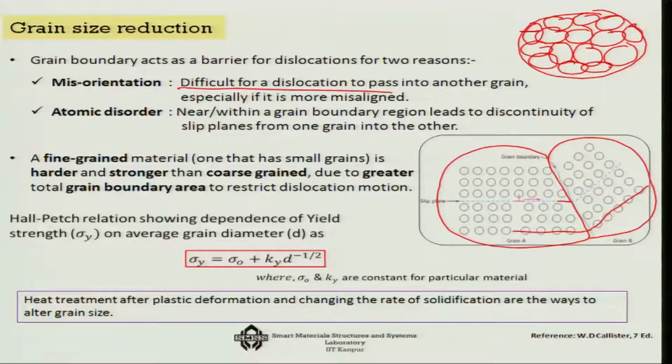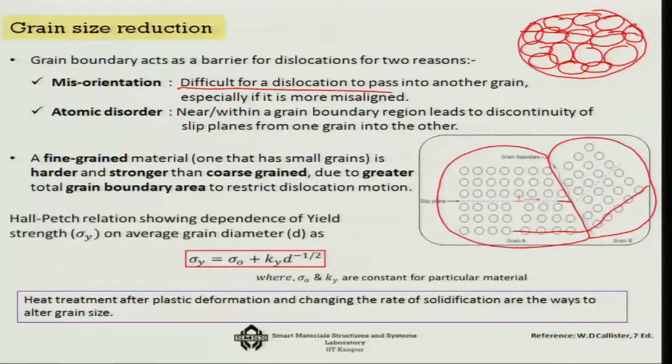So, the more grains it faces, the more difficult it will be for the dislocation to pass. That is one of the reasons why smaller grains, that means more grain boundaries, would stop the dislocations very effectively from moving across the grain boundaries.